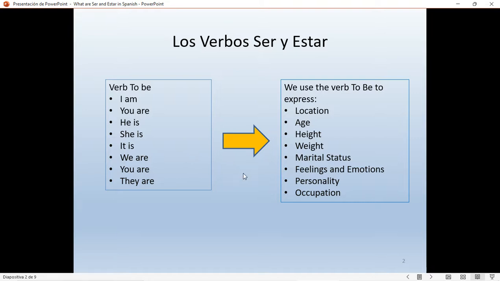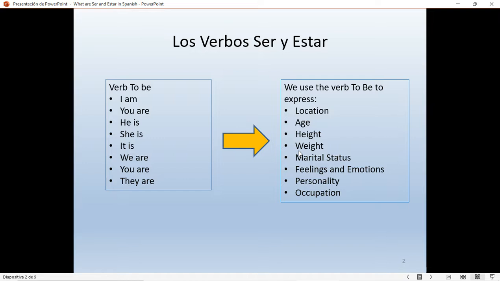Now, what are the uses for verb to be in English? What kind of expressions can we say using to be? Here we have a list of them. Location, to say where somewhere, someone or something is located. Age, how old is someone?